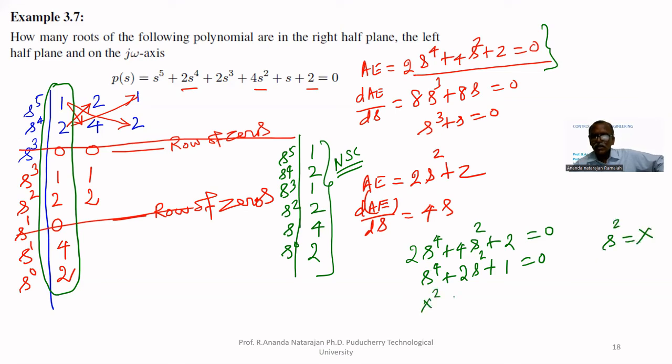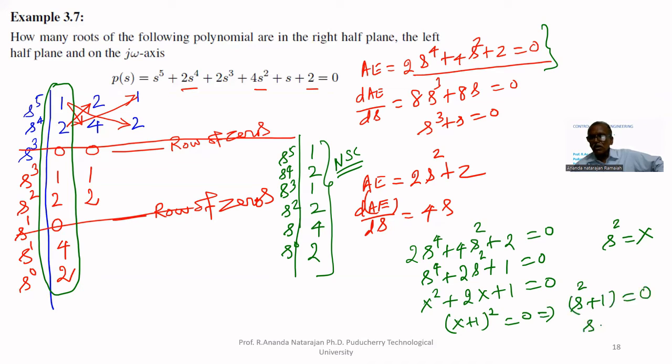Therefore, x square plus 2x plus 1 equal to 0, or x plus 1 whole square equal to 0. Now x is s square. This implies s square plus 1 equal to 0, or s square equal to minus 1, or s equal to plus or minus j.